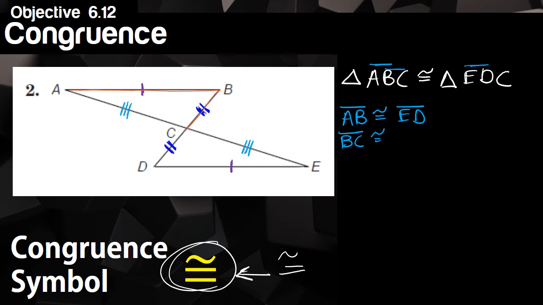Line segment BC is also congruent to line segment DC. Very nice. And then we have a third line segment. Our third line segment is AC. That is also congruent to line segment EC.